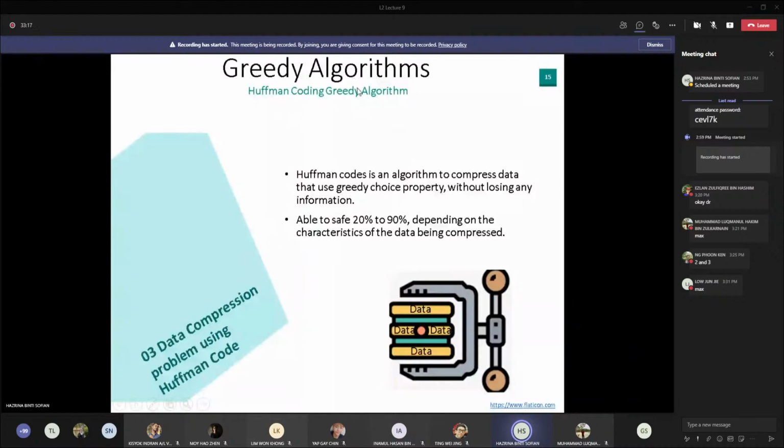Using a greedy algorithm in Huffman coding, we are able to save 20 to 90% of the memory space, depending on the characteristics of the data being compressed. However, in this lecture, we simplify things to characters.